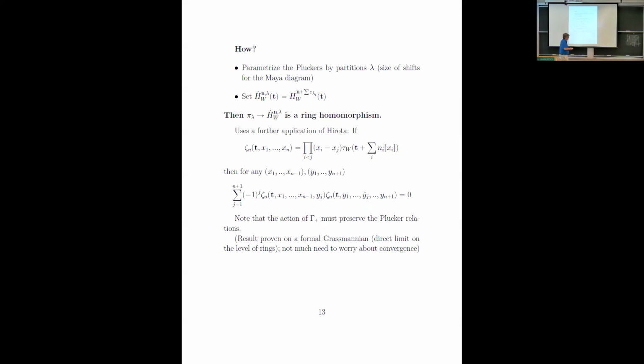So the shift is, well, how would you parameterize the Plücker coordinates? Remember, they're given by elements of the exterior product. Here, the exterior product is an infinite one, but a sort of finite Fredholm index when it's compared to H plus. So you can have an infinite sequence of points. Here's 0, here's -1, here's -2, and so on.